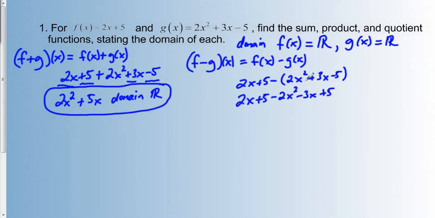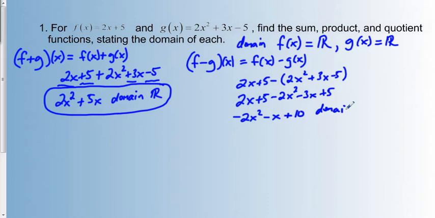Then we'll combine our terms. Our squared term is negative 2x squared. Our x terms, negative 3x, positive 2x. And our constant terms, plain old numbers, positive 5, plus 10.